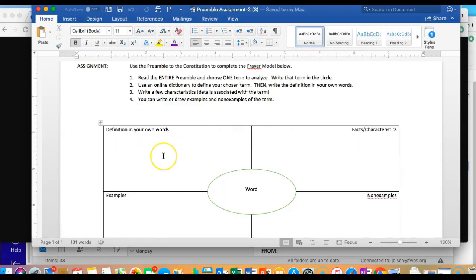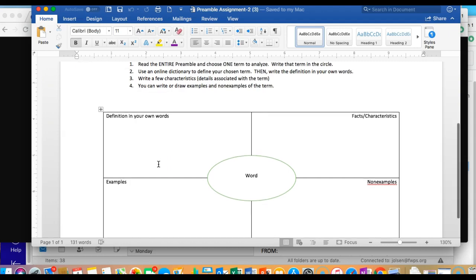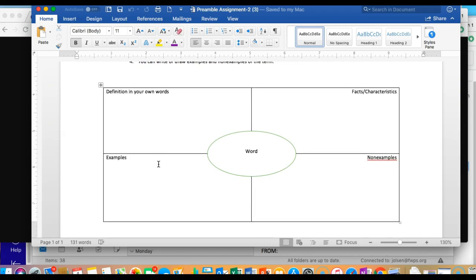And you are going to then write that definition in your own words, okay? So if it helps you, you can write the dictionary definition maybe on the top, and then right underneath it, you are going to write that definition in your own words. This is going to help you really understand what that term means, okay?